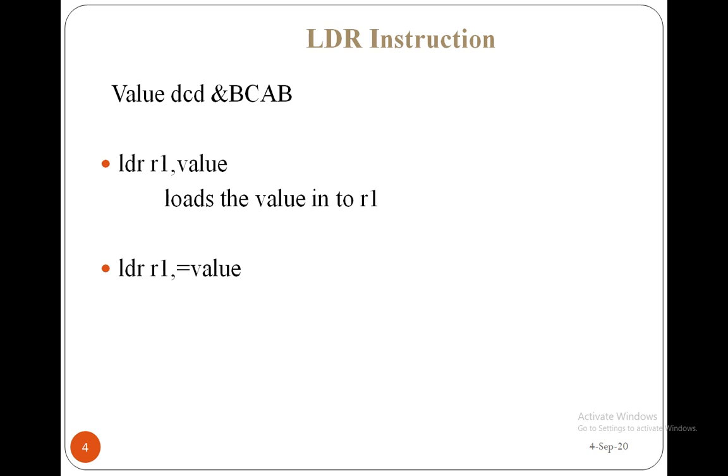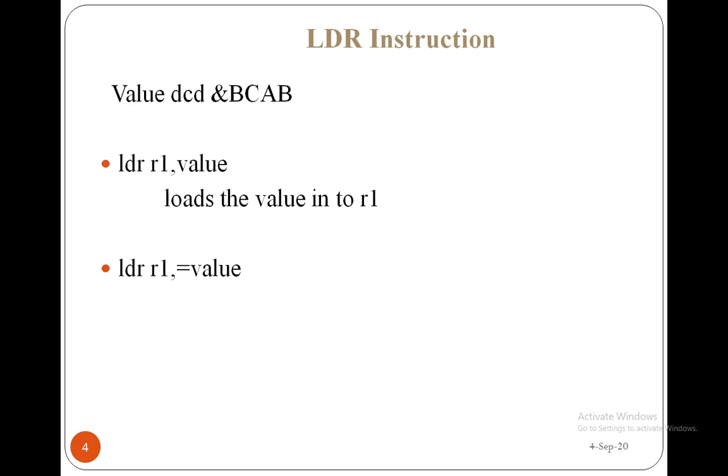Whereas LDR R1, =VALUE means the address of VALUE is stored into the R1 register. After storing the address of the value in R1, you have to use another LDR statement to get the data from that address. But for the first statement, LDR R1, VALUE, the value BCAB is directly stored into the R1 register.